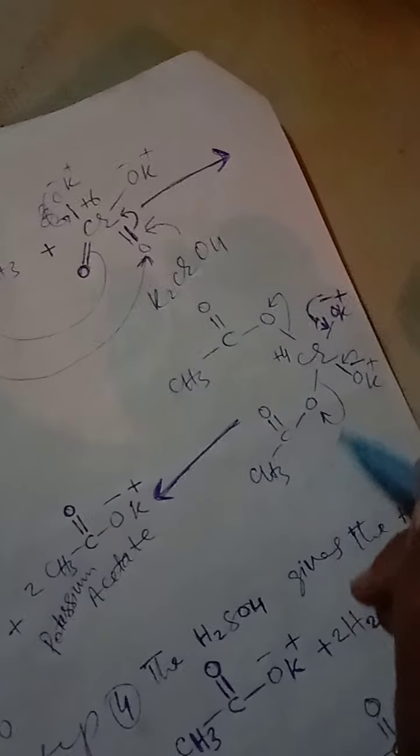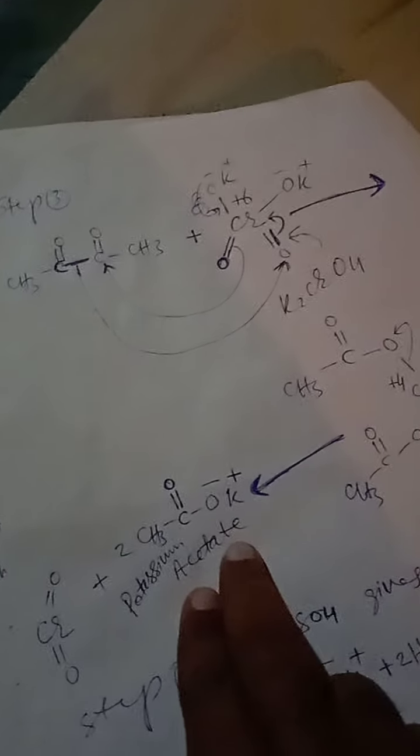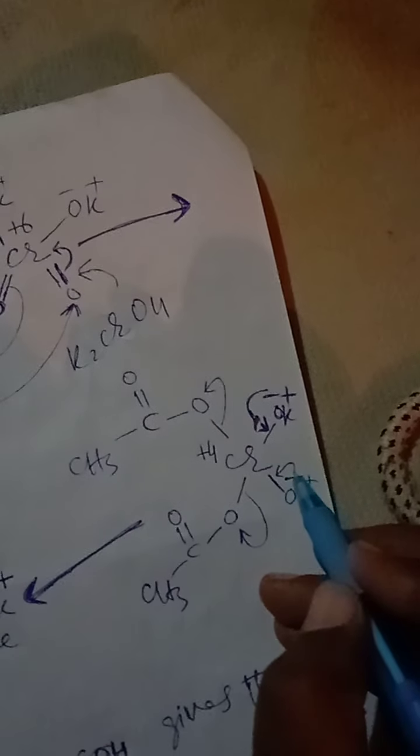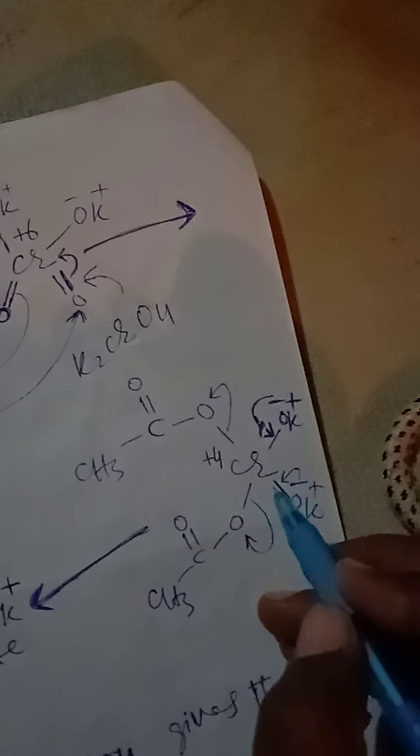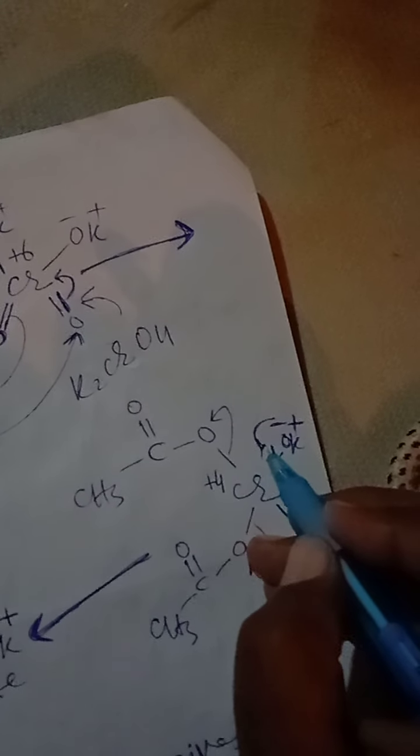Similarly, as there are two acetate ions attached to this addition product, these give two molecules of potassium acetate plus Cr. Over here, this electron pair is shared to the oxygen chromium bond, and this negative oxygen shares to the oxygen.